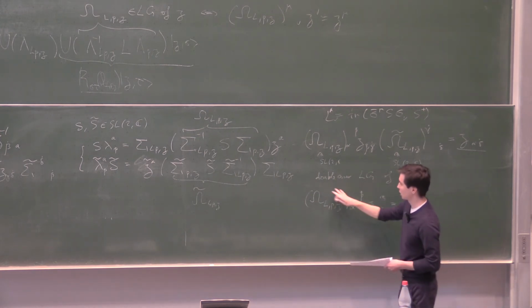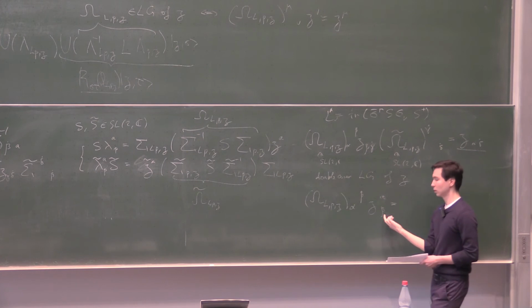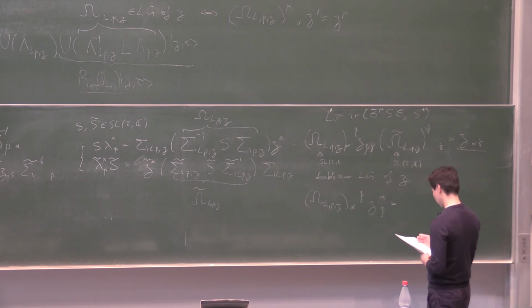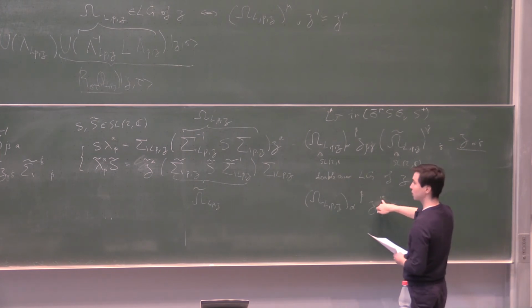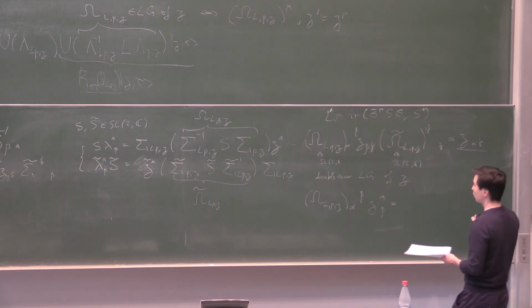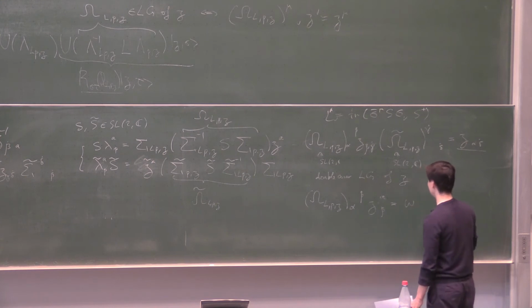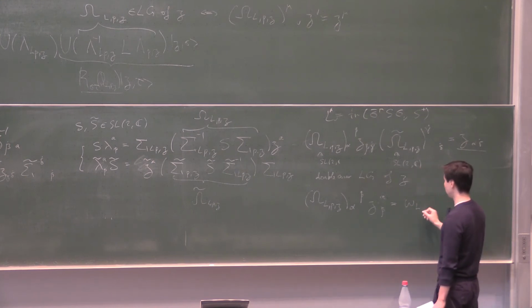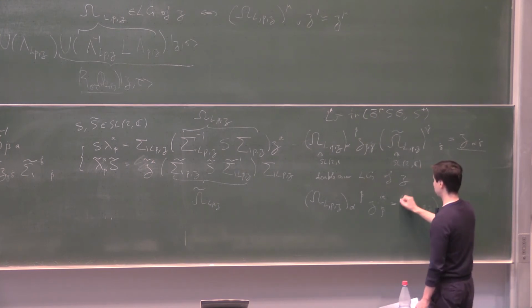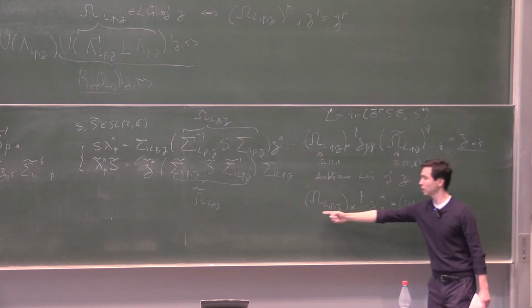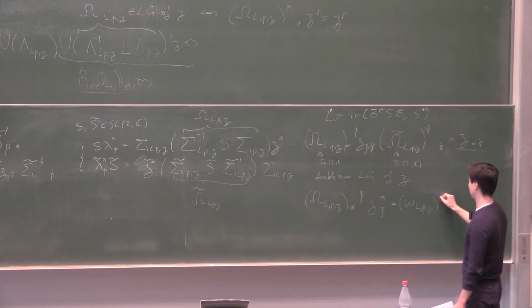Well, it corresponds to the double cover from the point of view of acting on the Lorentz indices. And from the point of view of acting on these indices, there must be also some linear combination that does it for me. So let me call it some small omega. And this small omega will be different from this big omega just by acting on other indices.